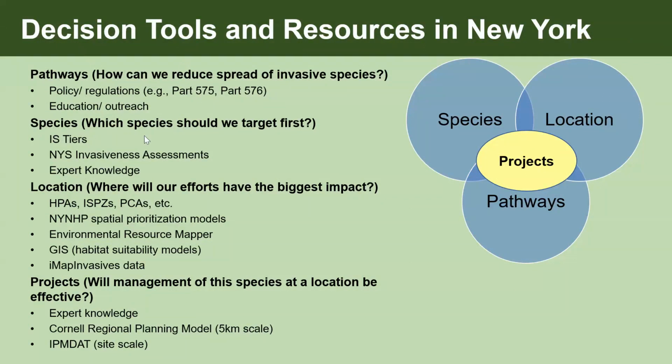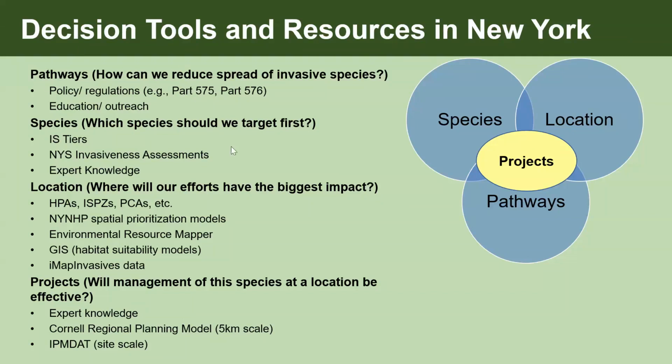When we're thinking about species, I'm going to talk a little bit about the invasive species tiers that are used across the state, but we also are fortunate to have about 600 different non-native species assessed for their invasiveness using a standardized protocol. And there's also a lot of expert knowledge. So we have our PRISMs and our natural resource agency staff that are very knowledgeable about invasive species.